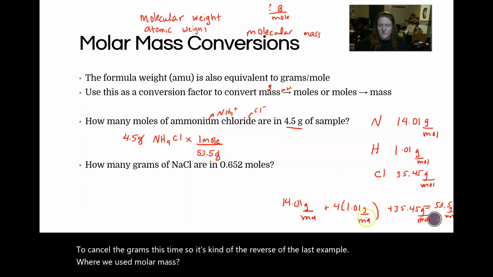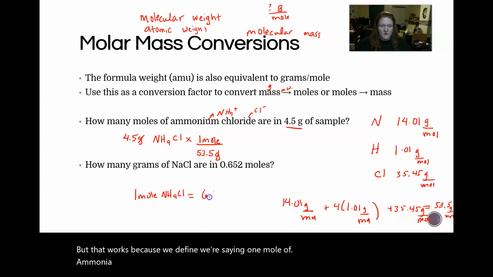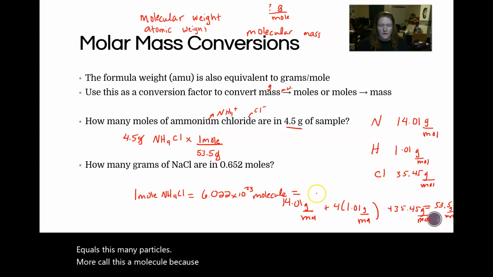So it's kind of the reverse of the last example, where we used molar mass. But that works because we were saying 1 mole of ammonium chloride equals this many particles. We'll call this a molecule because it's covalent. And it also equals 53.5 grams.